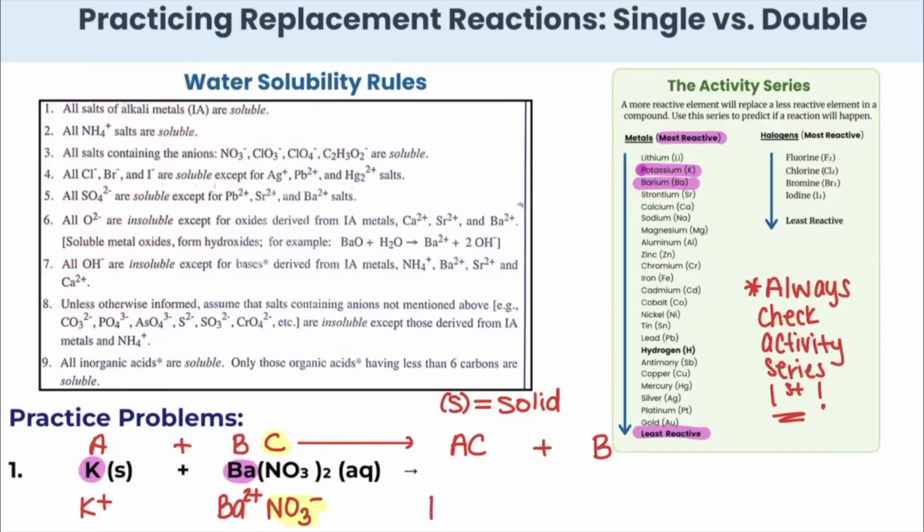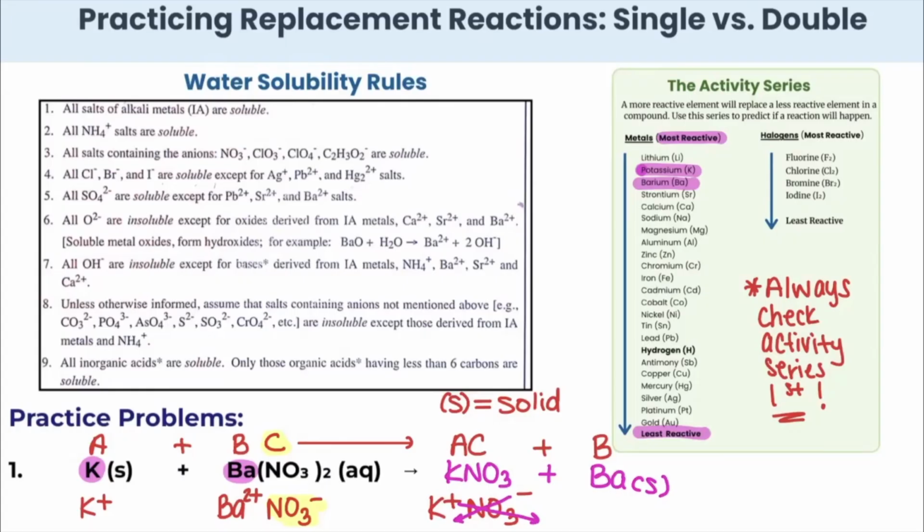So on the product side, we form AC, where A is our potassium and C is our nitrate. Crossing the +1 and the -1 charge, they cancel each other out, and we're left with KNO3, or potassium nitrate. And barium gets kicked out as a metal. And remember, when we write metals by themselves, we denote the state of matter as a solid, or (s) symbol.